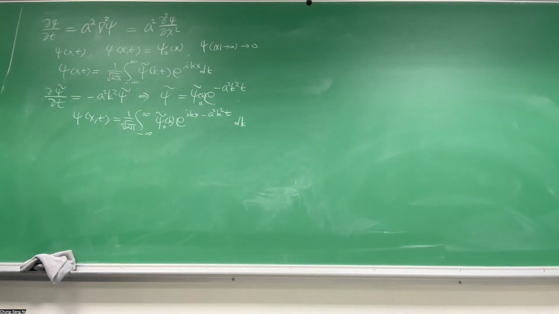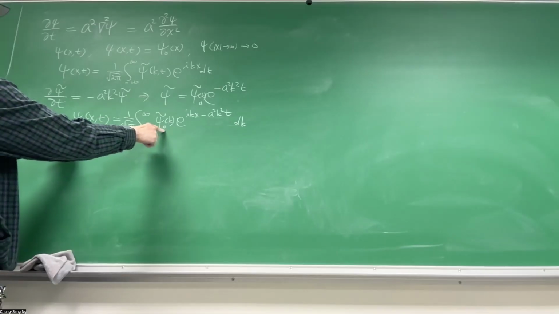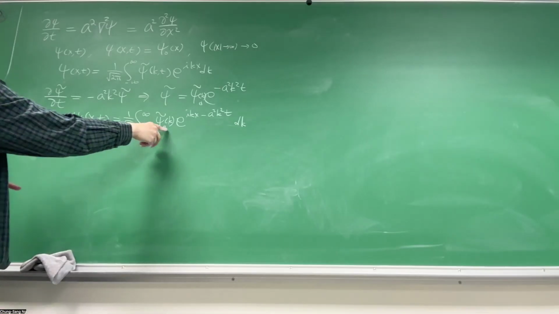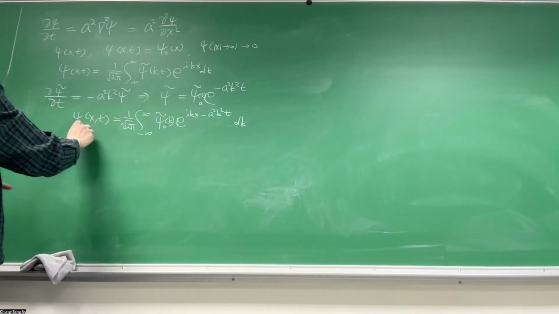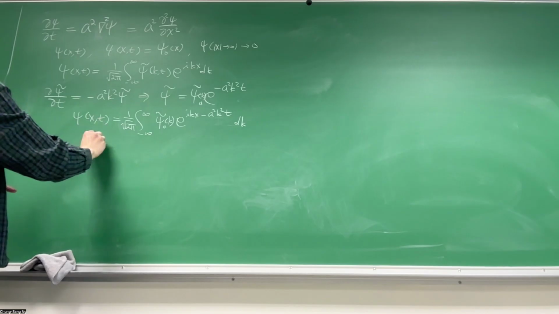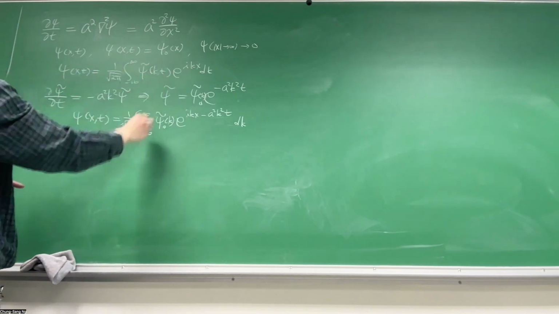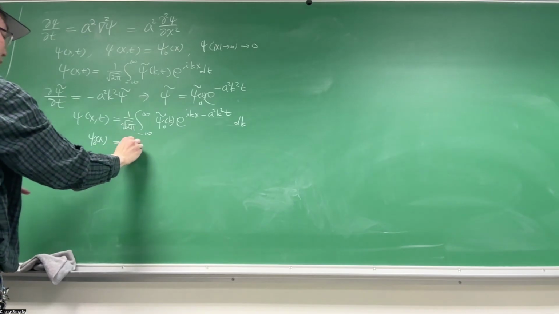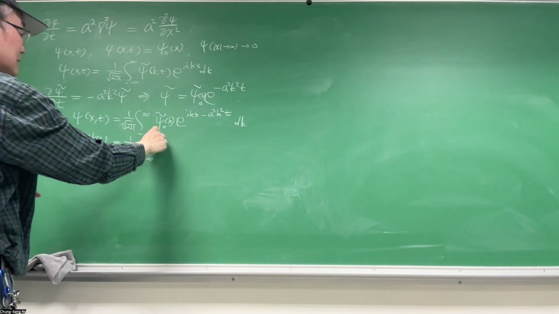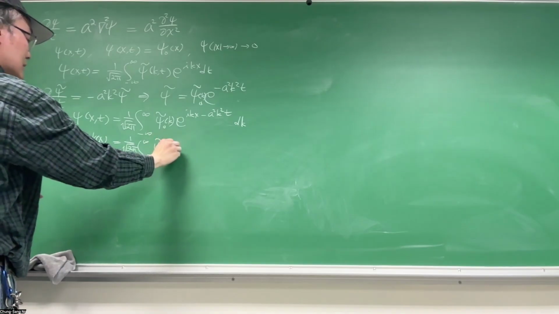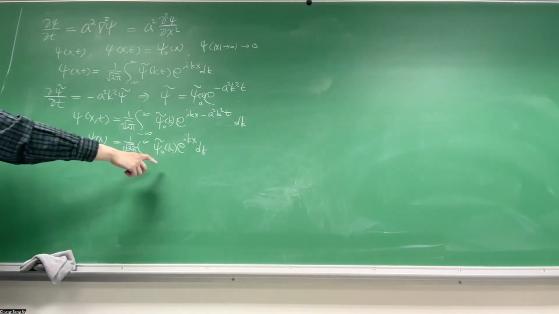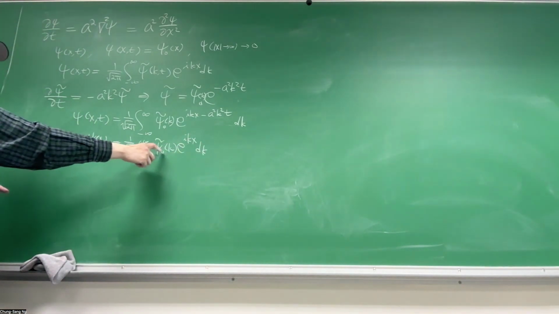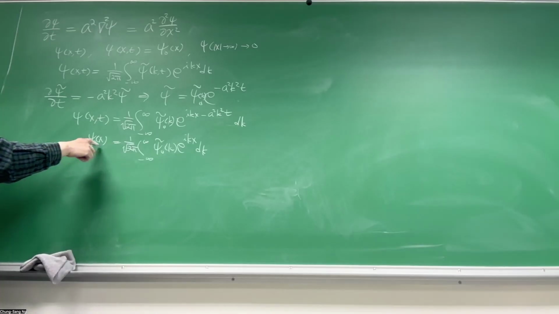Then, obviously, you need to figure out what this is, because that's not complete yet. You need to use the initial condition. So set t equals 0, so psi 0 of x, which is the initial one, should be 1 over square root of 2 pi times the integral of psi tilde 0 of k e to the i k x dk, which is exactly just the Fourier transform. I mean, psi tilde 0 is just the Fourier transform of psi 0 of x.